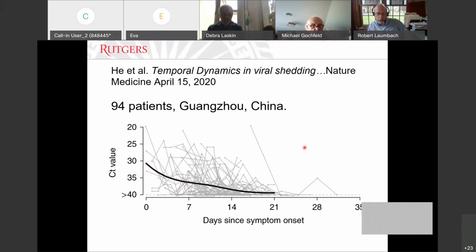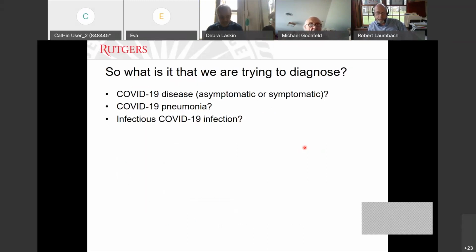Again, but very limited data here in the early course. But again, showing us what we don't really know about the dynamics of the disease, which may be important for interpreting testing that may be done on either asymptomatic or symptomatic people. So one question is, what is it that we're trying to diagnose?